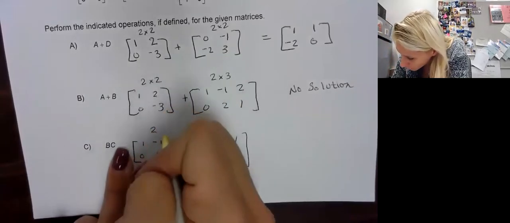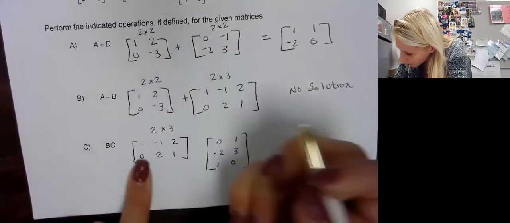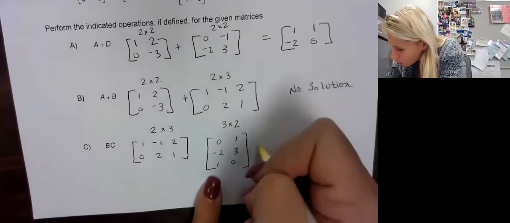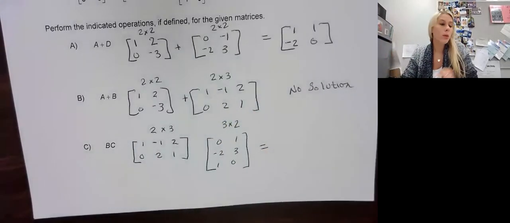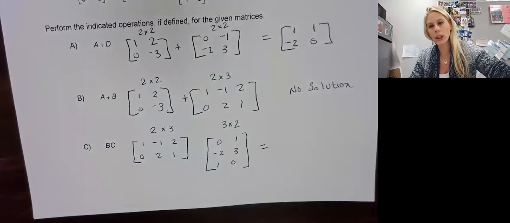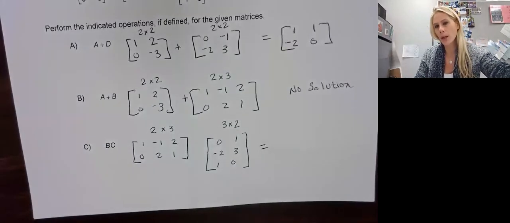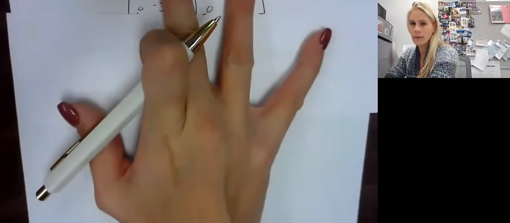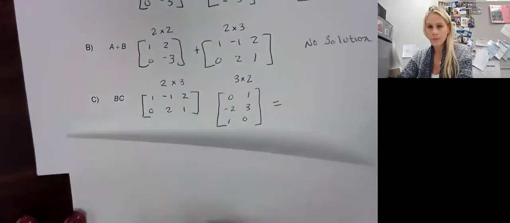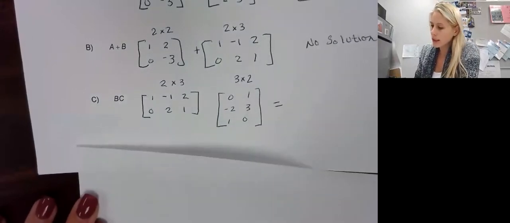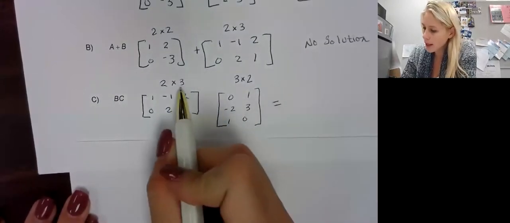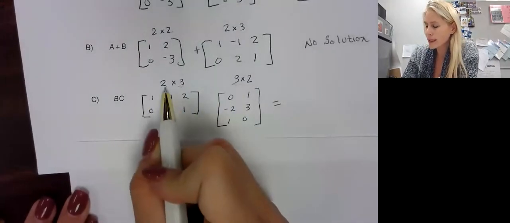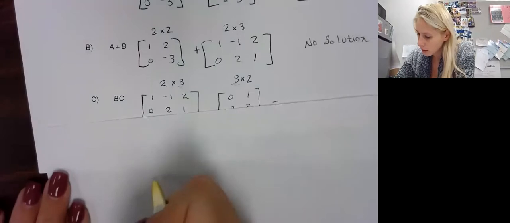This is a 2 by 3, and this is a 3 by 2. So we can do it. So what I am going to do is on another sheet of paper do my work just to make sure that I do all of this correctly. Okay, so the good thing is, knowing that these two are equal, I know my new matrix is a 2 by 2.